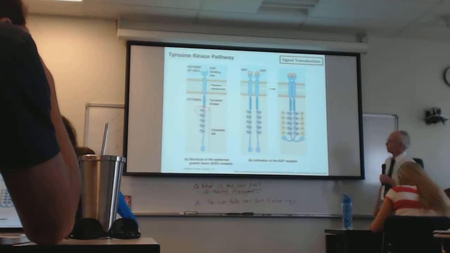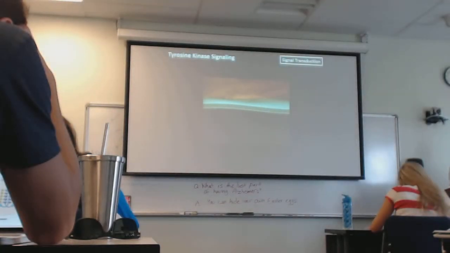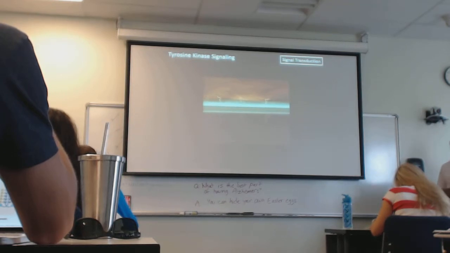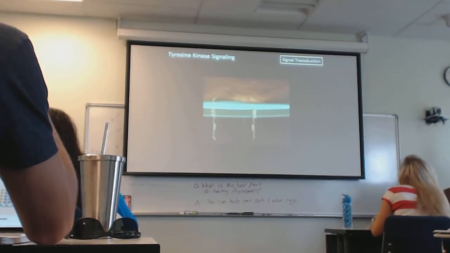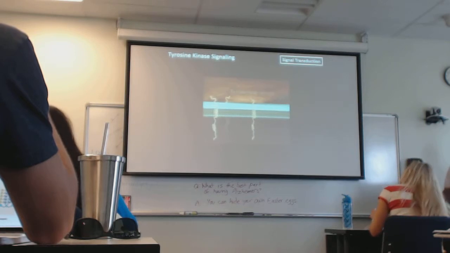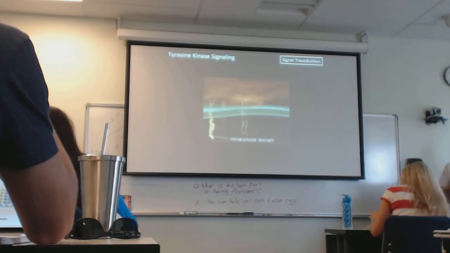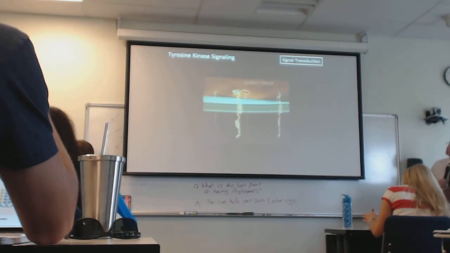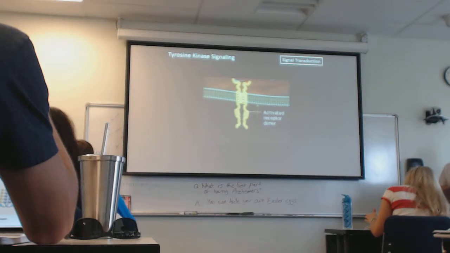But that's the general sequence of events, and I used to have a little video here. Let's see if that's still there. Receptor tyrosine kinases exist as monomers free-floating in the cell membrane. Each receptor has an extracellular domain and an intracellular domain. When growth factor is present, it binds and induces dimerization of receptor monomers, resulting in receptor activation.